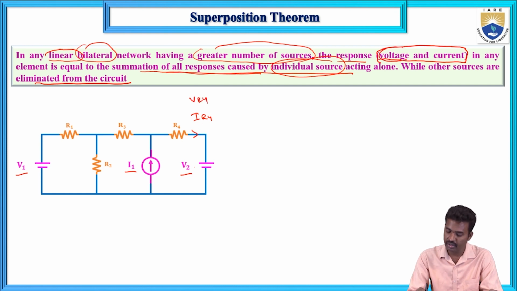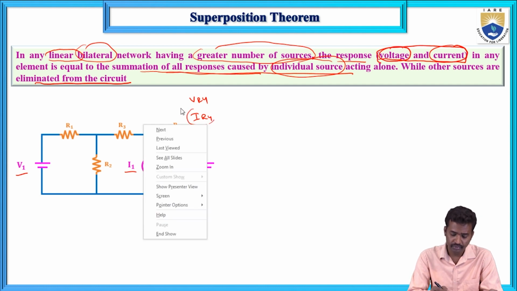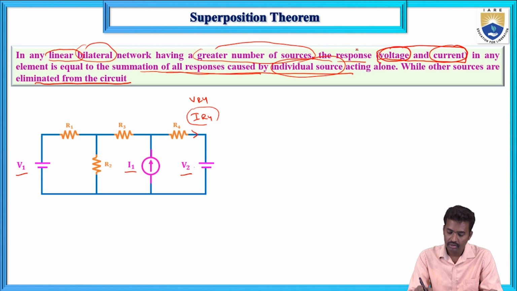Here the element is a resistor and the response is a current. This network has multiple sources, so we can apply superposition, and this is a linear bilateral network. All elements are linear and bilateral.